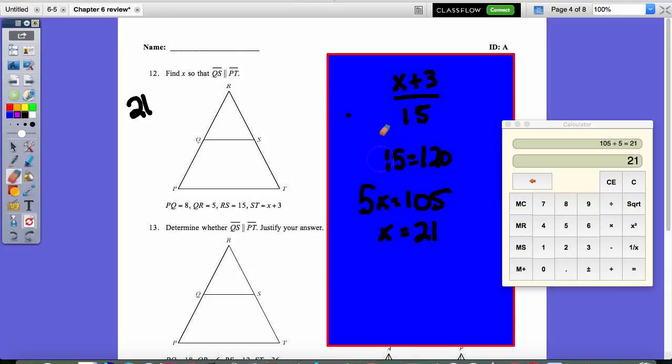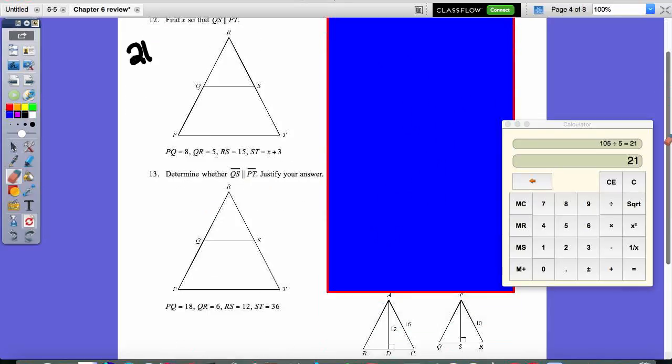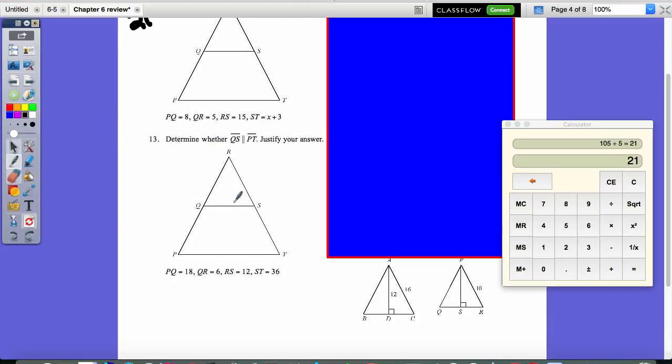For number 13, determine whether QS is parallel to PT, and it also says to justify your answer. I think this one is multiple choice actually on your test. So PQ is 18, QR is 6. RS is 12, ST is 36.